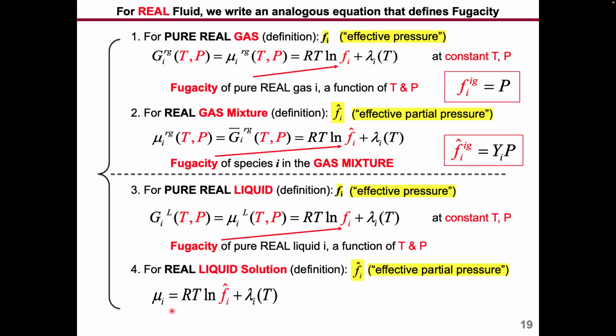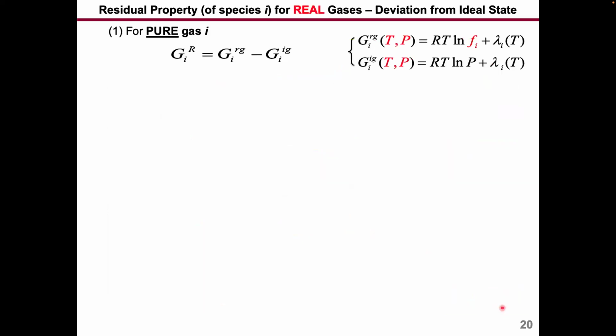And here, mu_i is RT natural log f_i hat plus lambda_i(T), okay? And then by definition, f_i^ID in the ideal solution state is going to be just equal to x_i f_i. f_i is here, okay? x_i is the mole fraction of the species i in the mixture, okay?